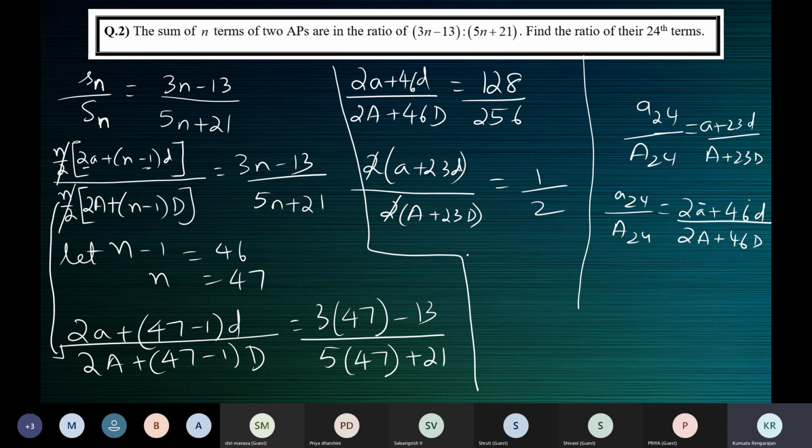I can show you one more step. So you can say A plus 24 minus 1 into D by A plus 24 minus 1 into D is equal to 1 by 2.